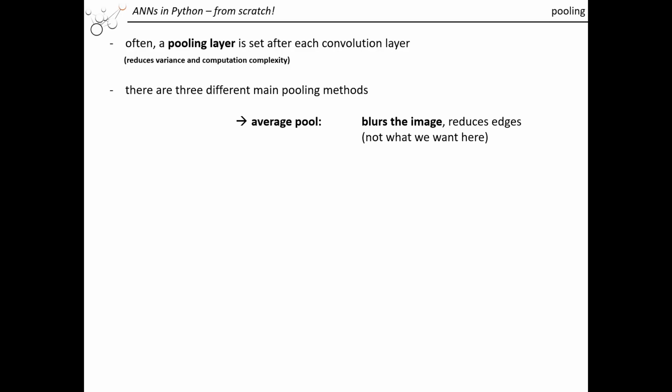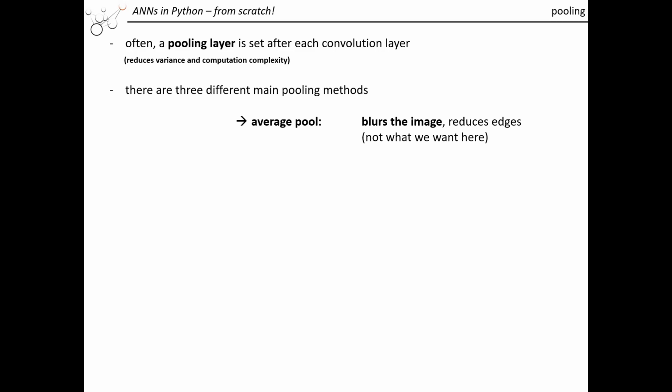You just calculate the average within this particular kernel, within this particular region of the image. And this is the new data point, the pixel value for the new image. And then you move on step by step. Again, here you can have a different stride. And every time you calculate the average, and this value is the pixel value for the new image.